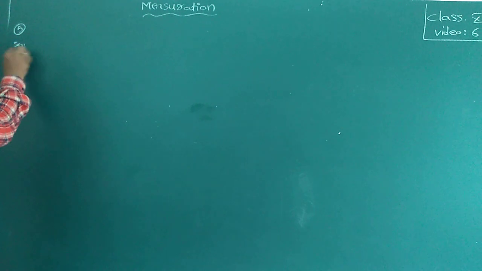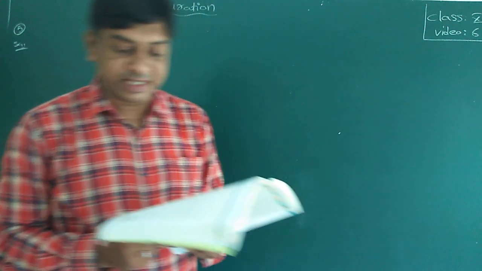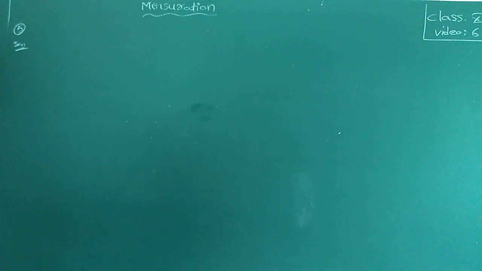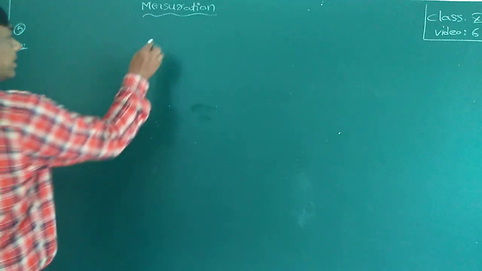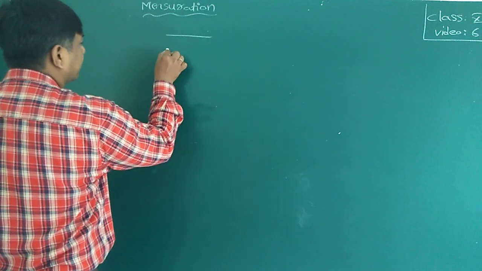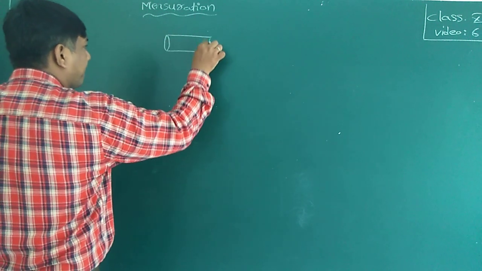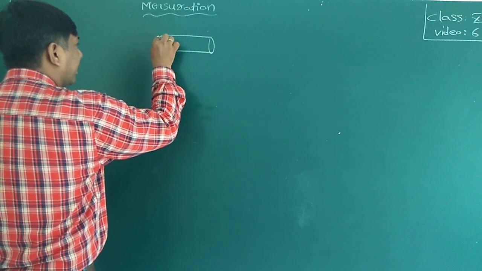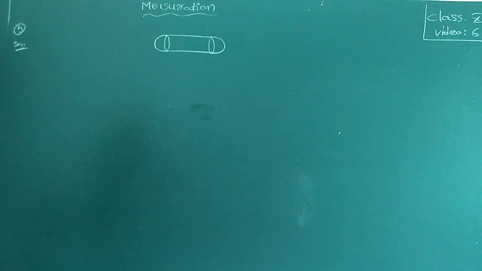Fifth one. A storage tank consisting of a circular cylinder with a hemisphere stuck on either end. This is a storage tank, cylindrical, and either sides stuck with hemispheres.